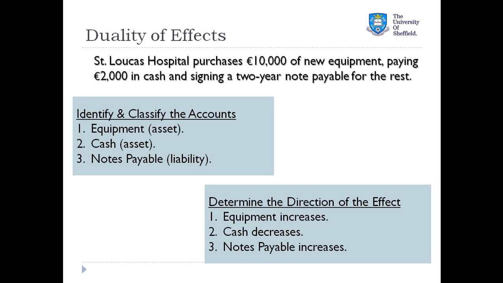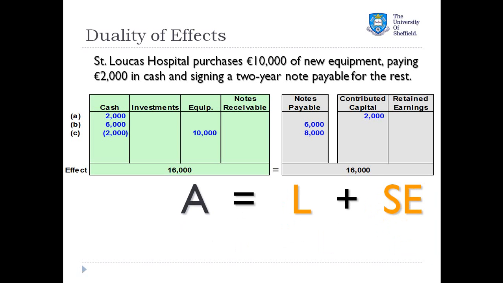Let us see this example once more, and you can see here I have 2,000 in brackets. This means that it's a negative value. So here you can see that our cash is decreasing. We have a decrease of cash by 2,000. We gave 2,000 in cash. We increase assets again by acquiring a new piece of equipment, 10,000.